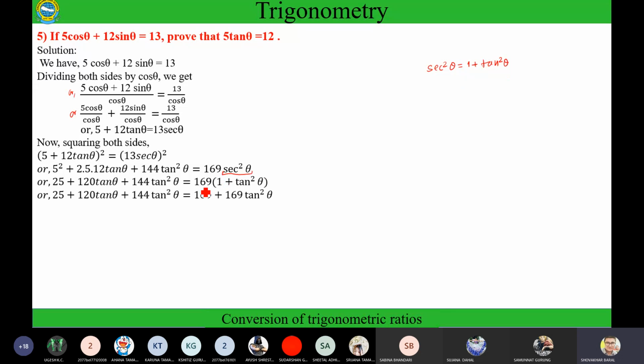Now every term is converted in terms of tan. Everything has come in tan. 25 plus 120 tan theta plus 144 tan square theta equals to 169 plus 169 tan square theta. Let's simplify it further.